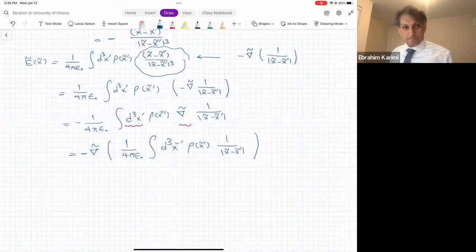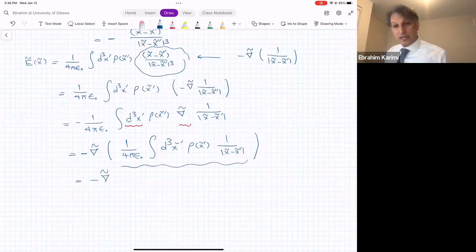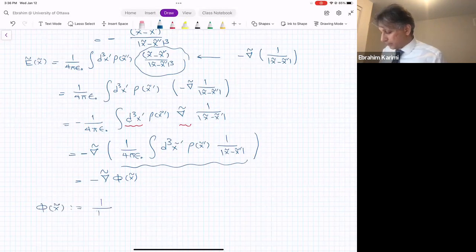Good. So essentially the electric field is given by minus the gradient of a scalar, and this scalar we call the potential of x. We define the potential of x as 1 divided by 4 pi epsilon naught, integral of d3x prime rho of x prime divided by |x minus x prime|.